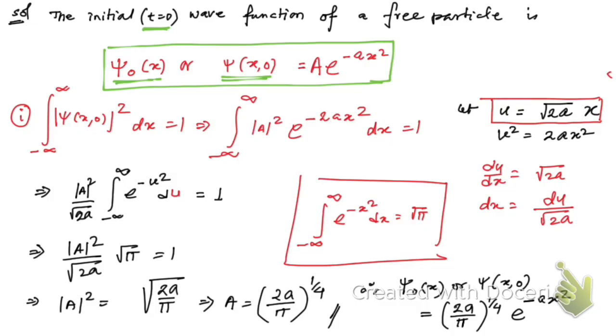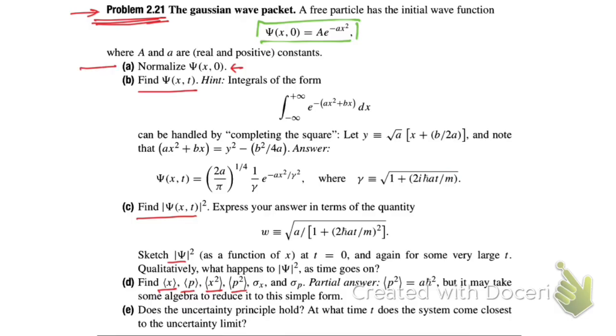So here we have put the value of capital A that we have obtained here. So this is what we have got, right? Hope you have understood this. So this is the answer to this first question. Okay, normalize this.